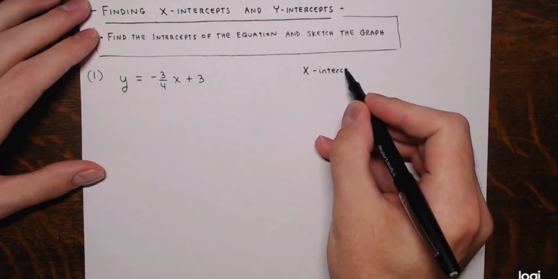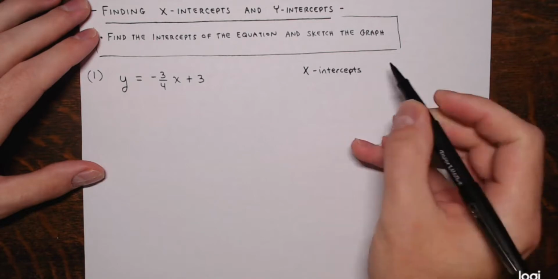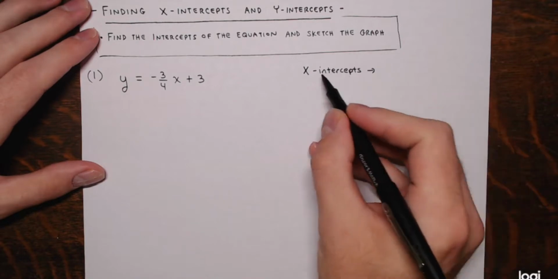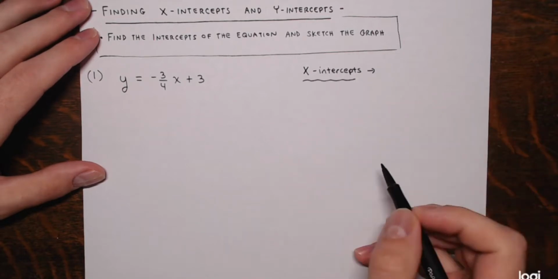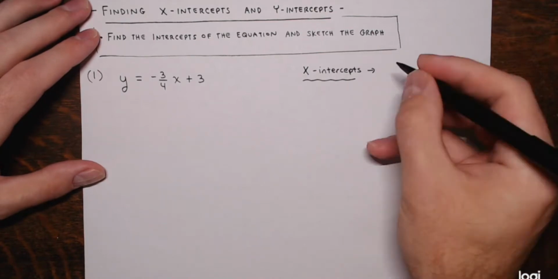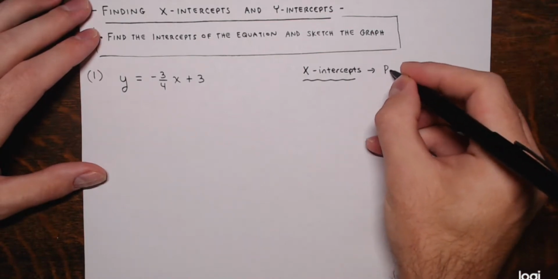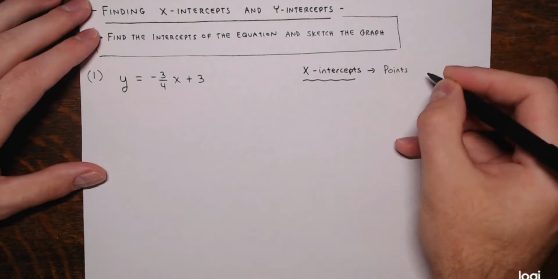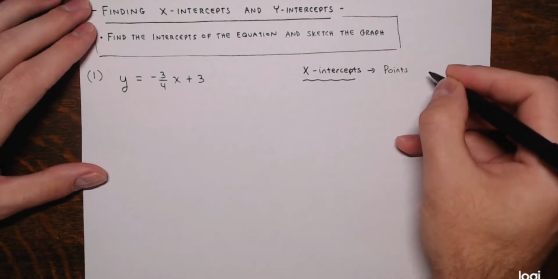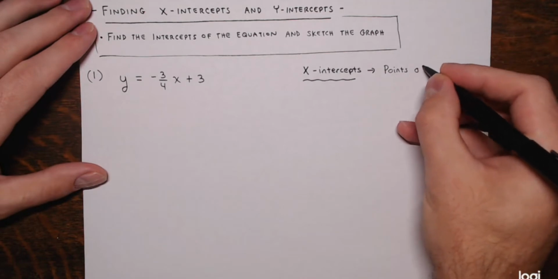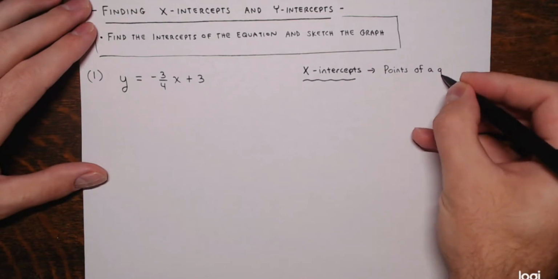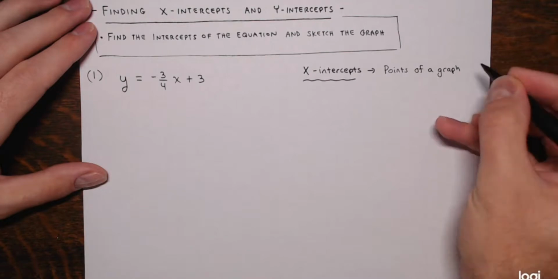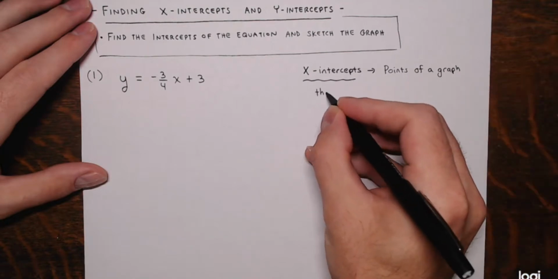Alright, so X-intercepts, start with those. X-intercepts are points of a graph in the XY coordinate plane or the Cartesian coordinate plane. They're points of a graph that are on the x-axis.